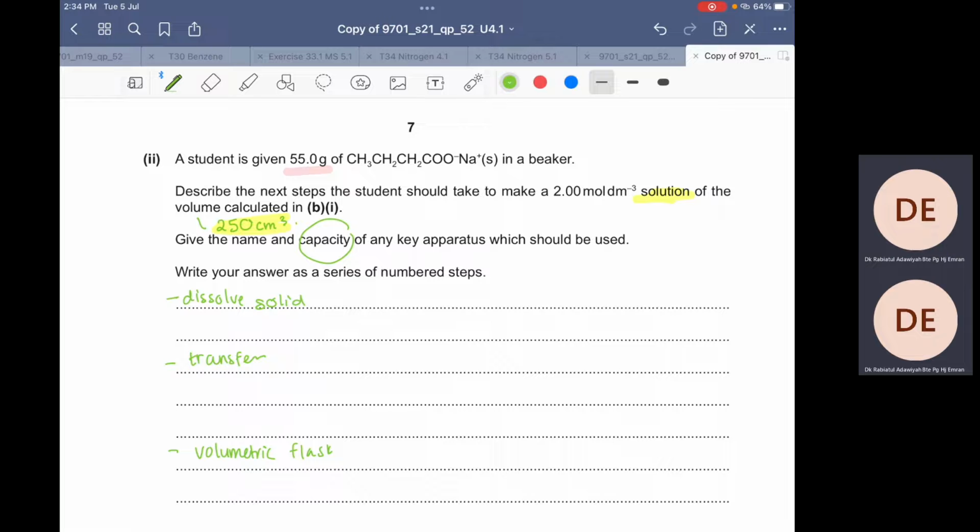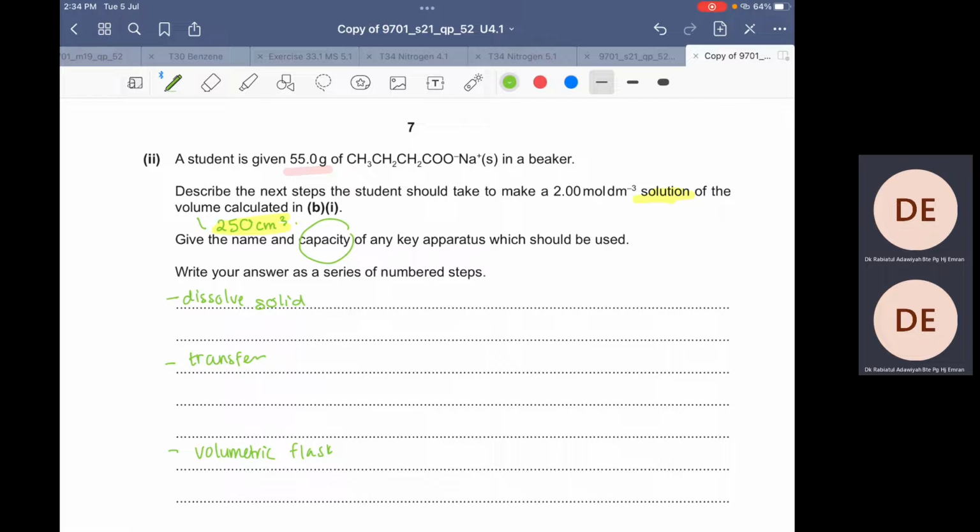Capacity means the size. For example, I want to use a beaker. Which beaker do I use? Do I use the 10 centimeter cube beaker, 100 centimeter cube beaker, 25 centimeter cube beaker? You have to list that down. This is a question where it requires you to have a photographic memory, okay?